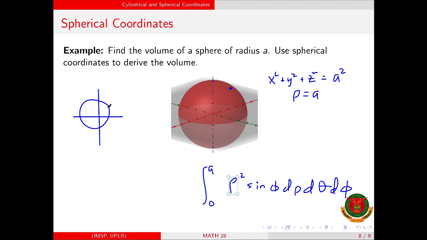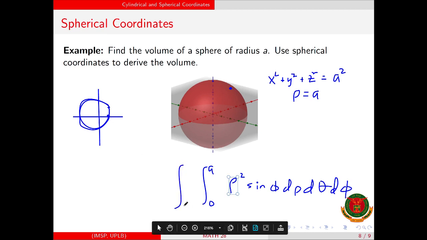Theta here is the angle revolved by the points on the xy plane. So the bounds for theta is from 0, making one revolution, to 2 pi. Therefore, the bounds for theta is 0 to 2 pi.